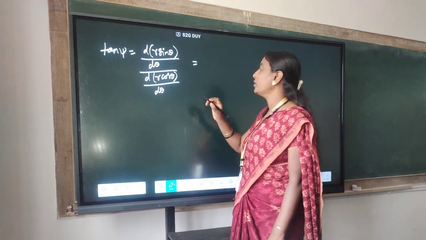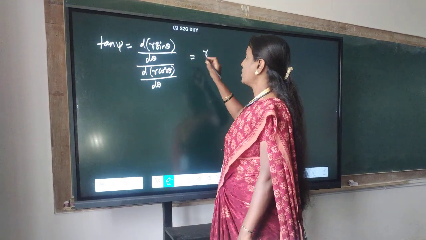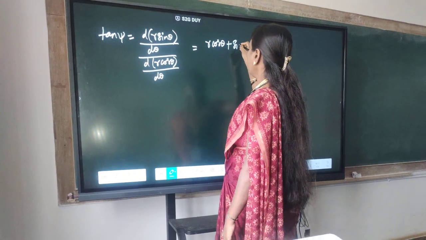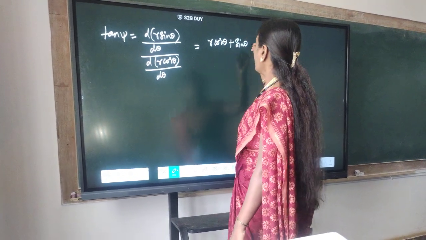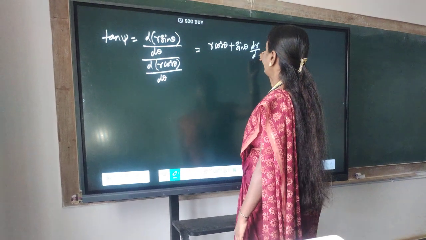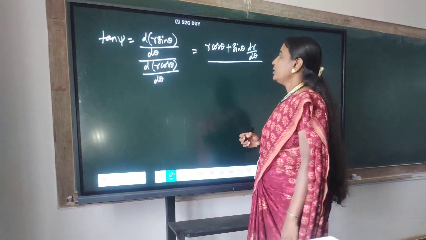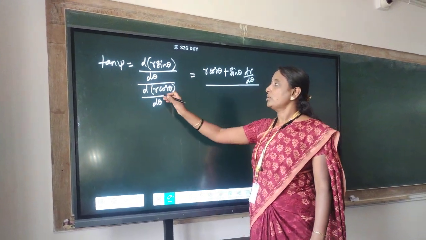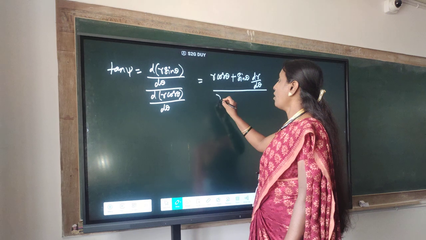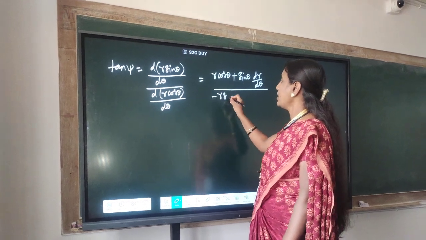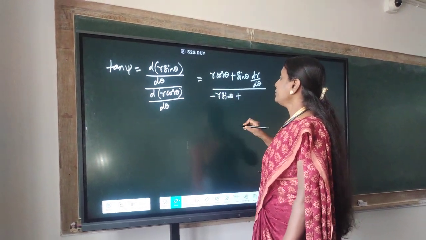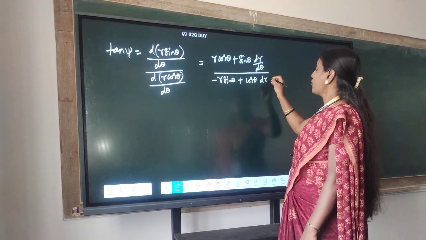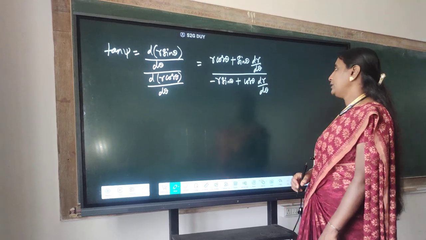R into the differentiation of sin theta is cos theta, plus sin theta into the differentiation of R, which is dr by d theta. Similarly, we apply the product rule for the denominator, because here also there is a product of two terms. R into the differentiation of cos theta is minus sin theta, plus cos theta into the differentiation of R, which is dr by d theta.